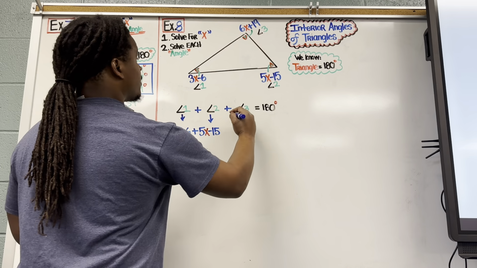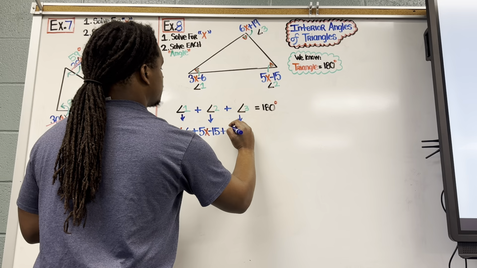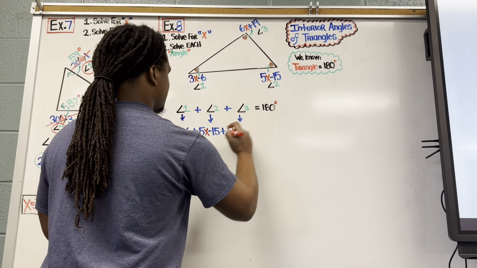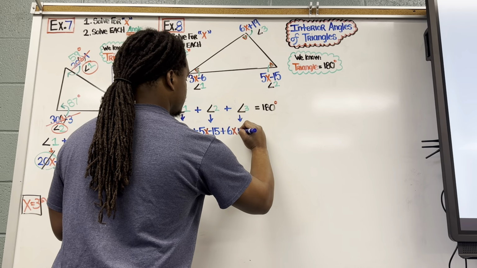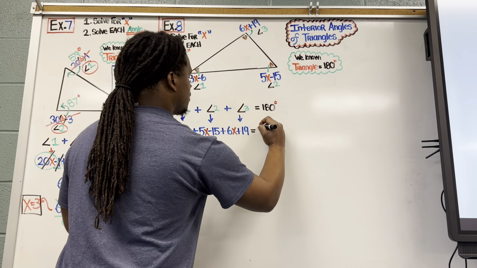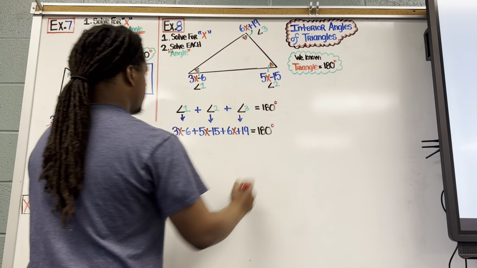Okay, and then angle 3 is gonna be 6x plus 19. 6x plus 19 equal 180.